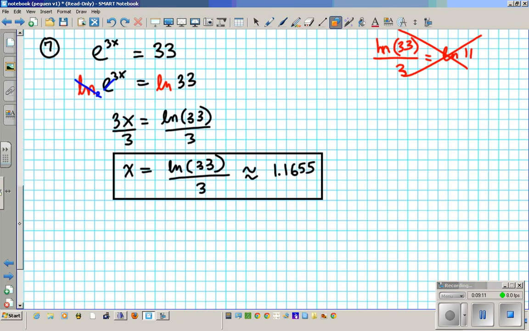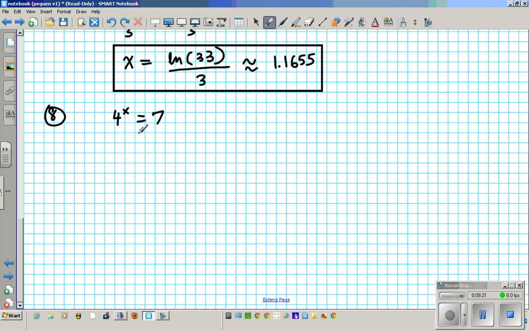Number 8. Write this down. We're going to do 4 to the x equals 7. Now, this one you have only one exponent, okay? I can eliminate this using log base 4, but I can always also use natural logarithm. Natural logarithm works for all exponential equations regardless of the base, okay? So I want to use natural logarithm here, since that's the section we're doing. So in this case, we're going to go ln of 4 to the x equals ln of 7.